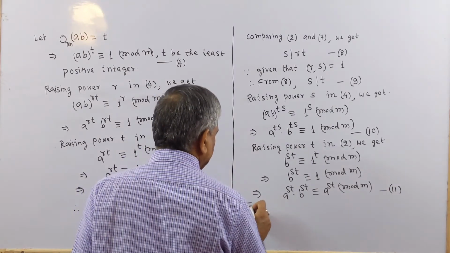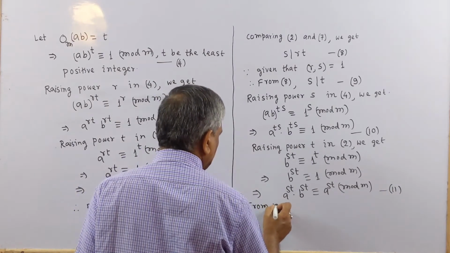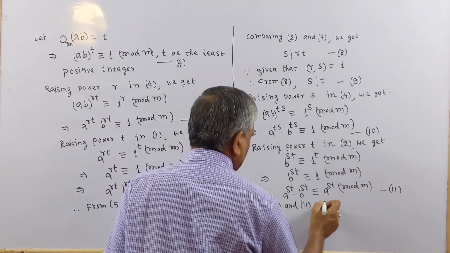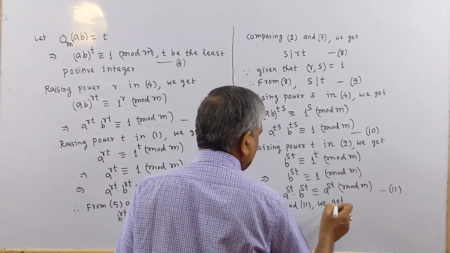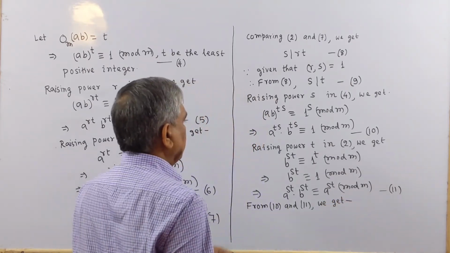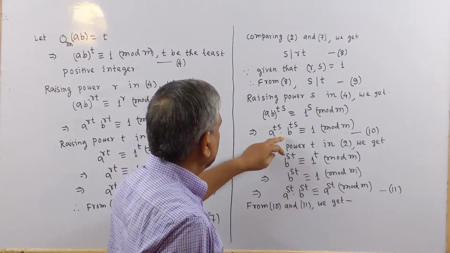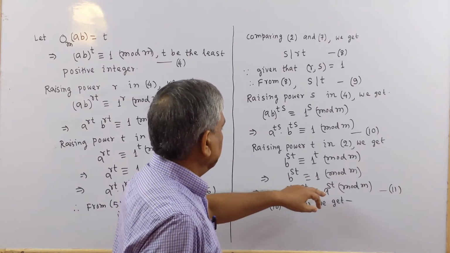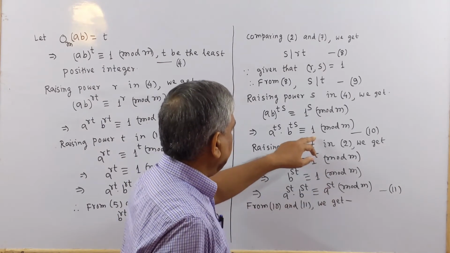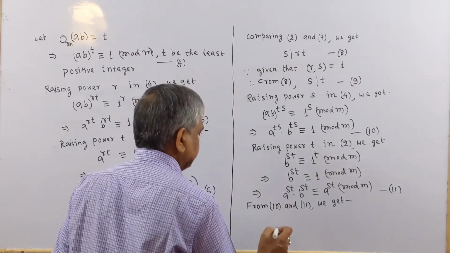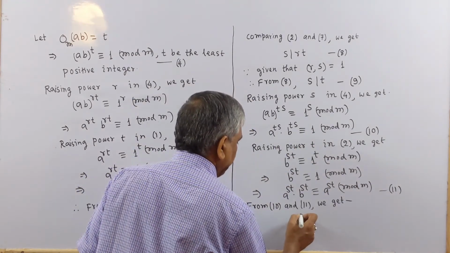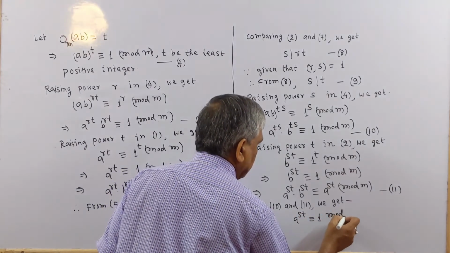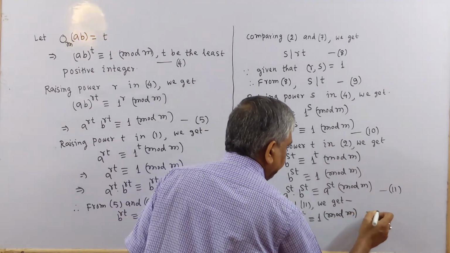From 10 and 11, we get, here in left side we get same thing. Therefore, a to the power st is congruent to 1 modulo m. This is number 12.